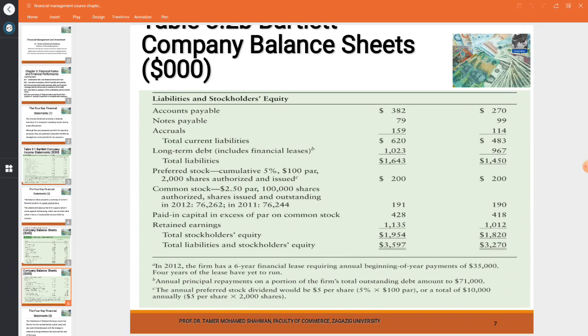Long-term debt plus your total current liabilities gives what we call total liabilities. The second component is the equity, which consists of preferred stocks, common stocks, paid-in capital, and retained earnings. The sum of total stockholders' equity plus your total liabilities gives you what we call total liabilities and stockholder equity.